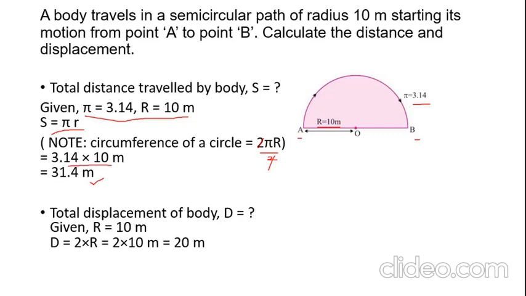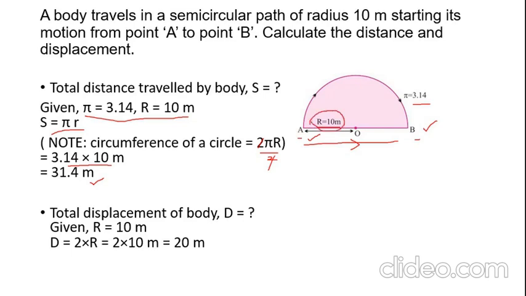And what is the displacement? The displacement taken by the body. I told you before, it is the shortest distance covered by an object. So this is the shortest distance covered by the object from point A to point B. And we have a midpoint O here. Then what is the displacement here?